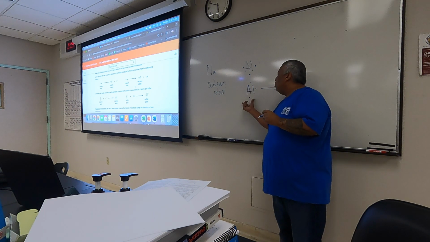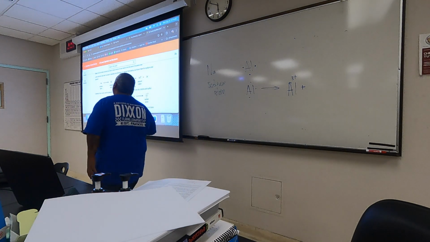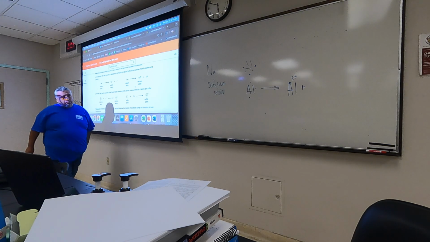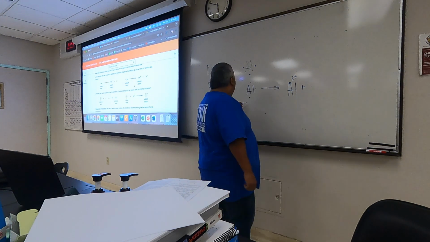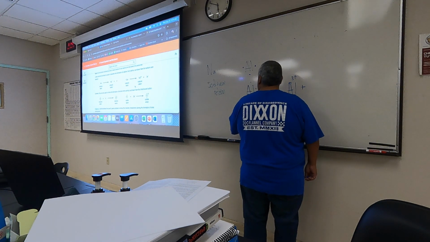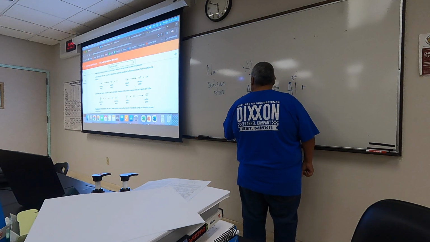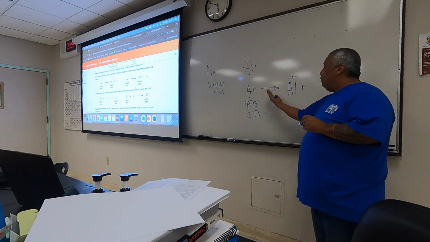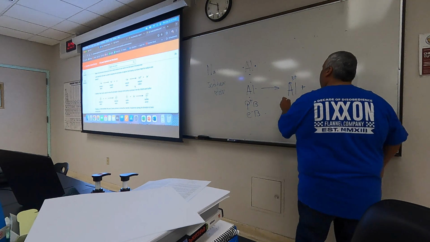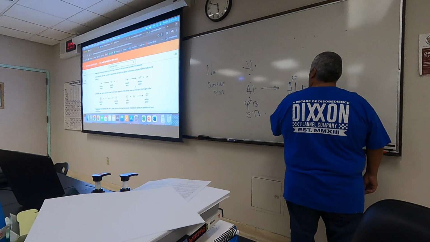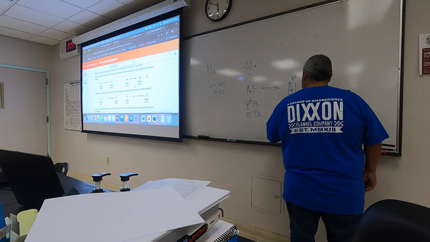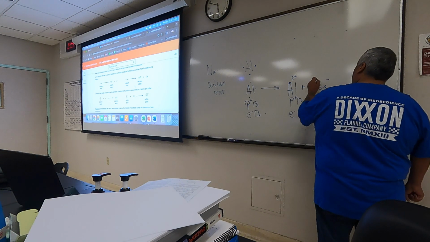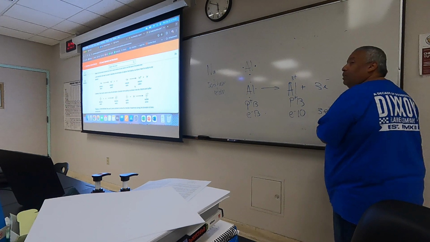If I have aluminum, atomic number 13, if I start with 13 protons and I start with 13 electrons, even when it becomes a cation, I still have to have 13 protons and 13 electrons.